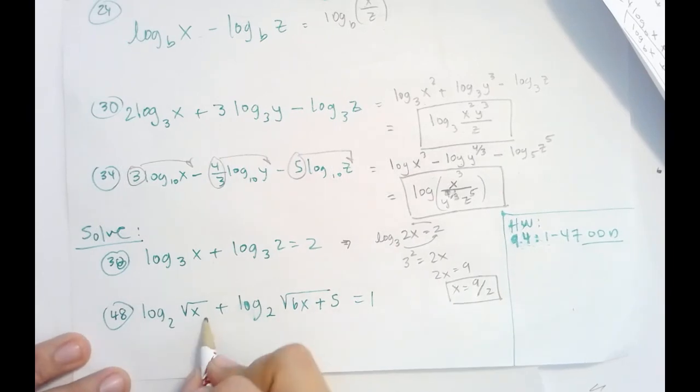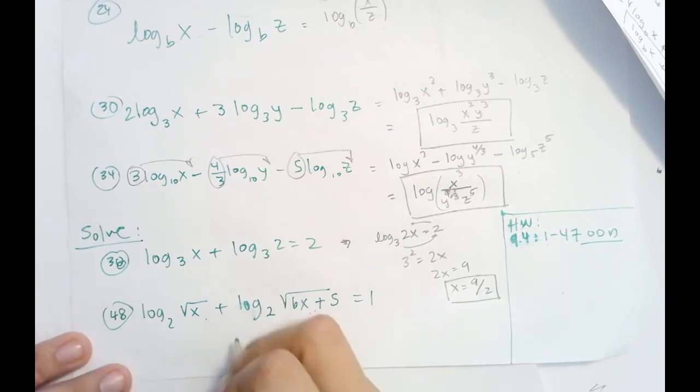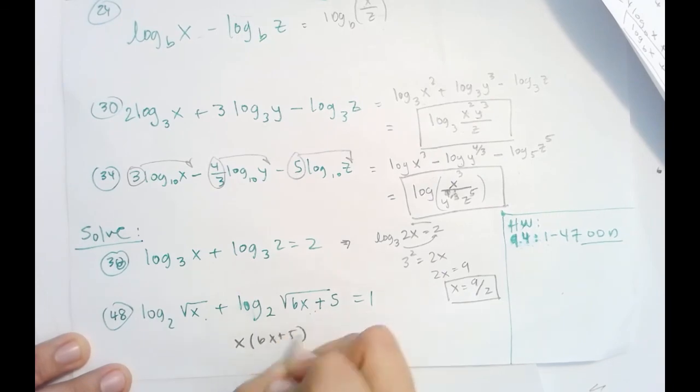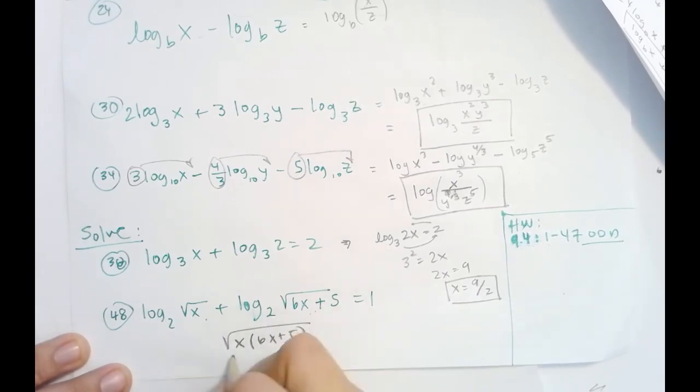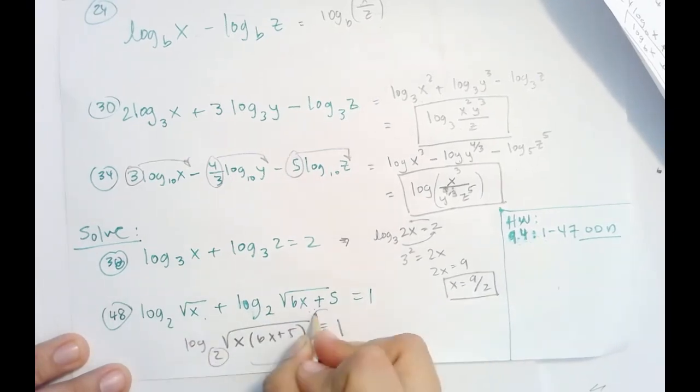So x times 6, the square root of x times square root of 6x plus 5. Well, that's just x times 6x plus 5. That's the square root of all of that. Okay? So log base 2 of this is equal to 1. So 2 to the first power is equal to this.